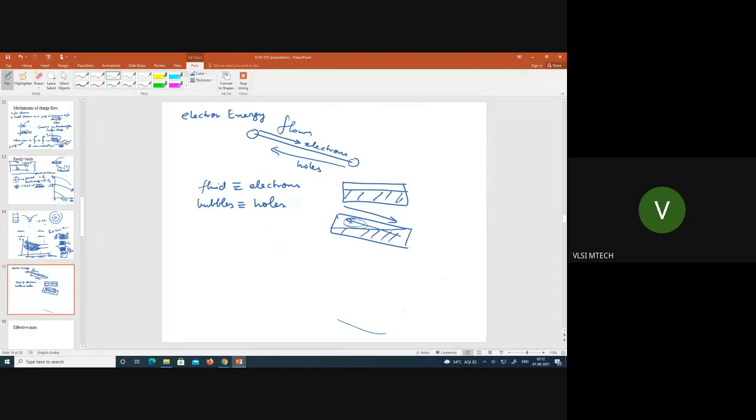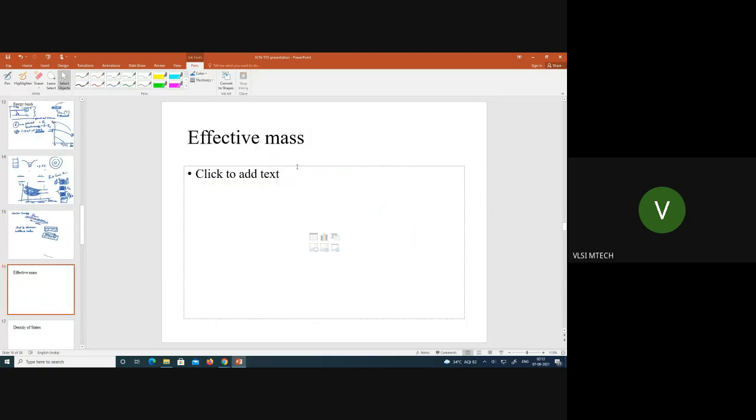Okay. We now come to this next topic of effective mass. We have discussed so far, just a quick recap, intrinsic semiconductors, and what the energy picture is. We now come to effective mass. You would know that all electrons will in essence have some mass, right?